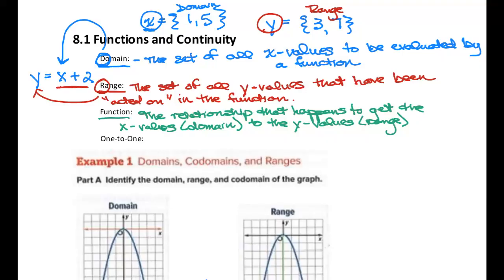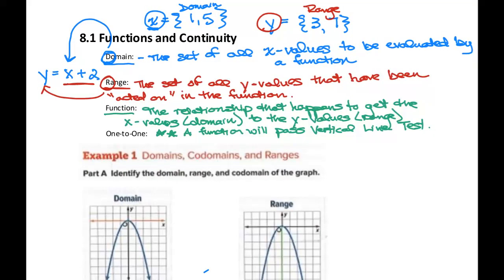And this is probably the most important part. A function will pass the vertical line test. Have you ever heard of that? The vertical line test? It said, this is like 2 asterisks or stars. So I'm saying this is really important.